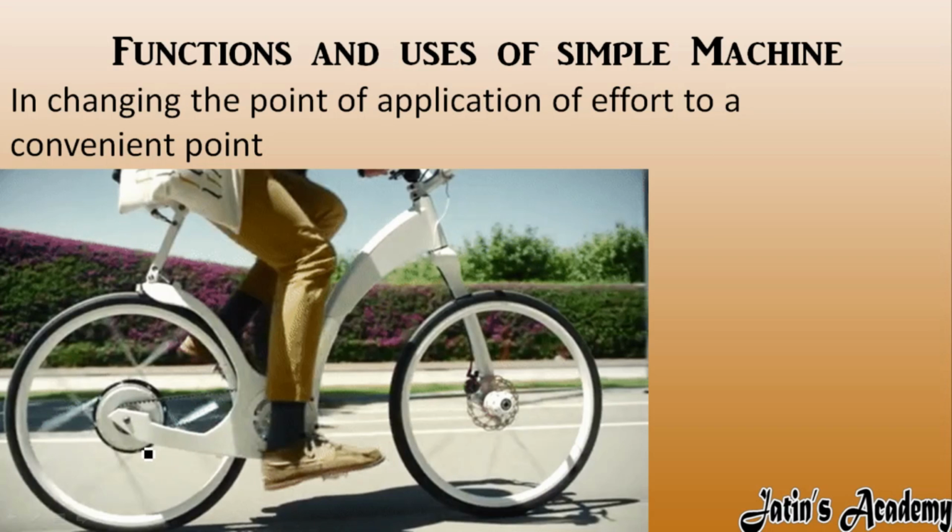So for the convenience of the person, we are using a chain mechanism in which the pedals are put somewhat forward, for the convenience of the human being. So the next function of machine is changing the point of application of effort. Effort means the force we are applying on the machine.